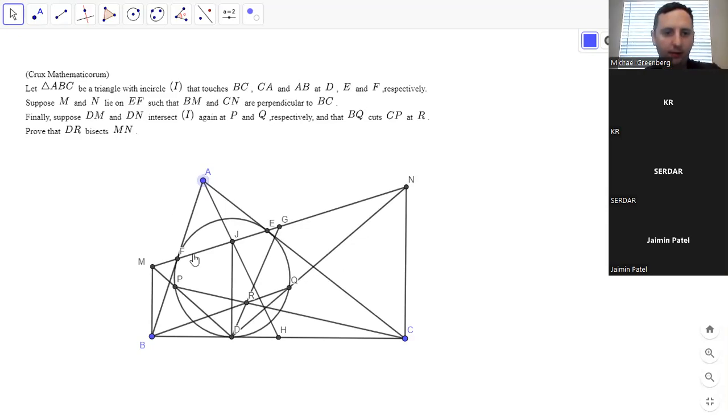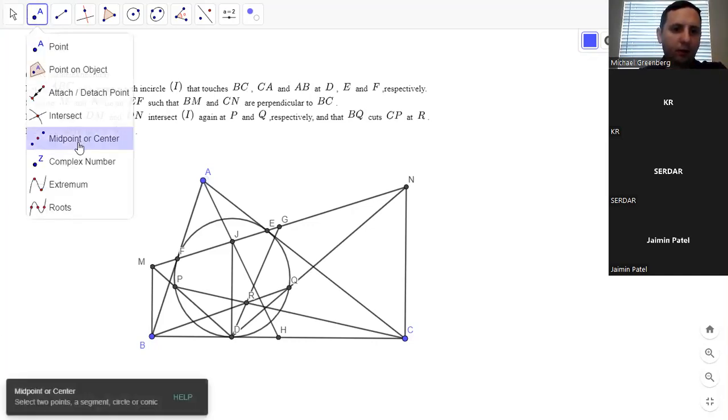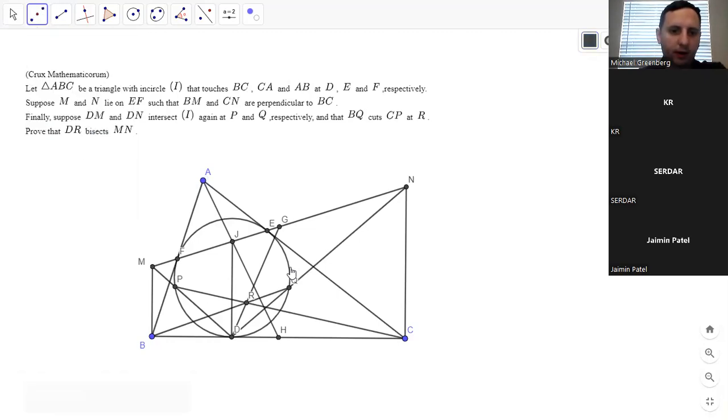So AFE is isosceles, so angle MFB is equal to angle NEC. Maybe I'll just draw the center of the circle. Call it I.